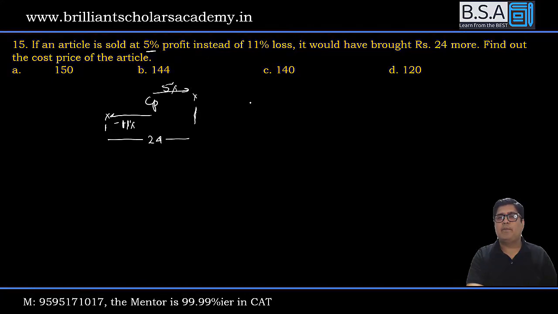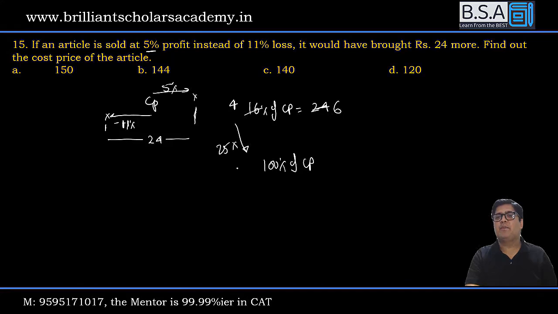So can I say 16% of the cost price is 24 rupees? The simple stuff. So 4% is equal to 6 rupees. To generate 100% of the cost price, can I say I need to make it 25 times? So I will have to make this also 25 times. That is 150. 100% means the cost price is rupees 150.